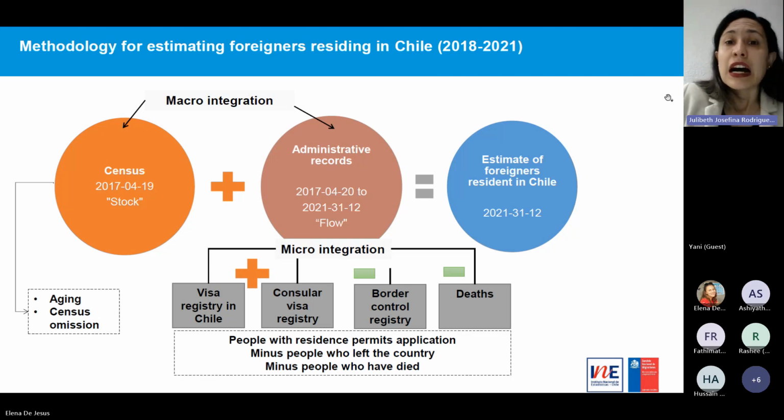And furthermore, the names that are provided in the census are only used for the purpose of organization of the field operation. Once the operation is finished, the names are deleted from the databases in accordance with confidentiality policies. So next, please.